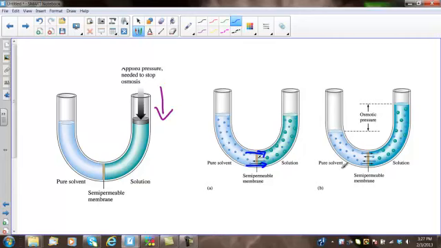In B, we show a system at equilibrium, when the rate of the solvent transfer is the same in both directions. So here they're basically showing 2 going to the right, 2 going to the left. So the rate of pure solvent going from left to right and right to left is at equilibrium. When equilibrium occurs, the osmotic pressure is this difference here.